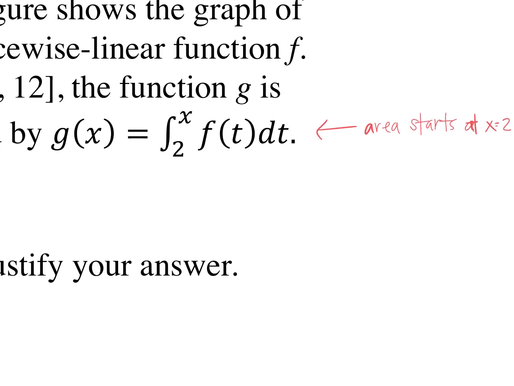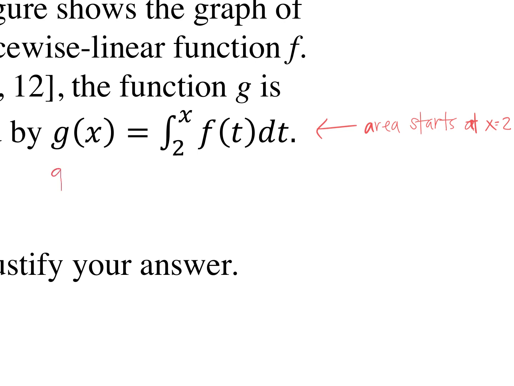Also important for future answering of questions is for us to identify what G prime and what G double prime are both going to be. So G prime would be what we did yesterday. Take the derivative of that integral.